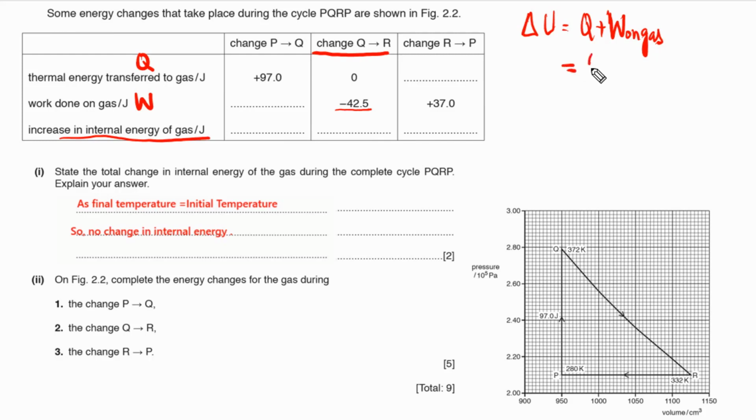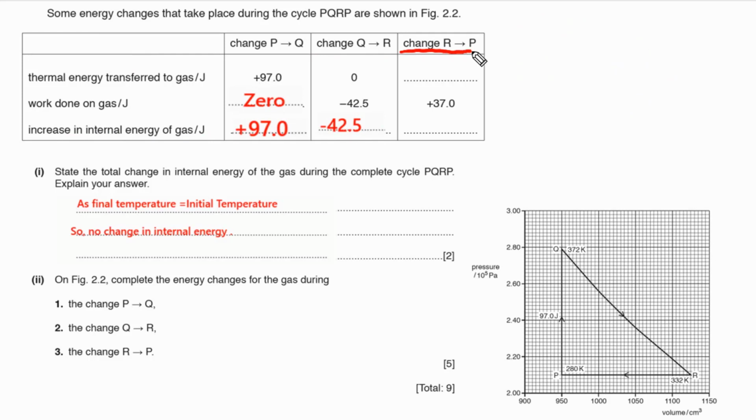Q is equal to 0 in this case, and work done on gas is negative 42.5 joules. So delta U is simply equal to negative 42.5 joules.